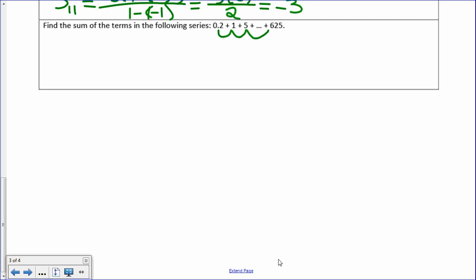So go ahead and change this to that number. And then now you still have 5 raised to the n. Do you remember what you're supposed to do when you have the exponent and the variable on the exponent?